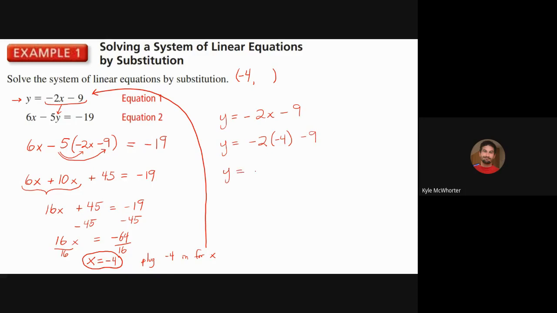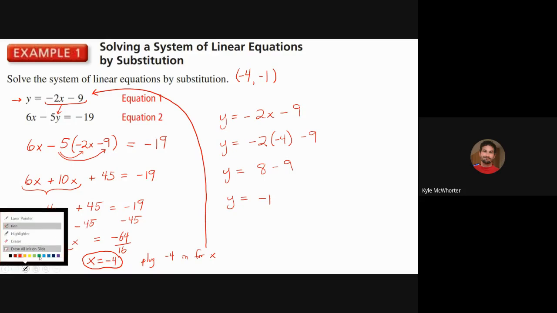Oh, -2 times -4 is +8. So we get y equals -1. So our solution is the ordered pair -4, -1.